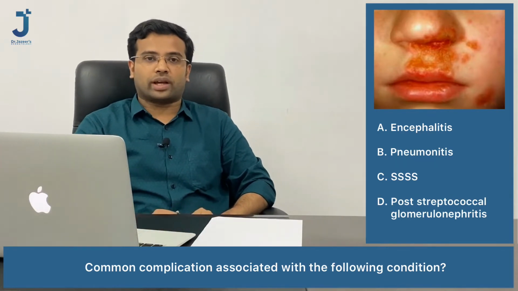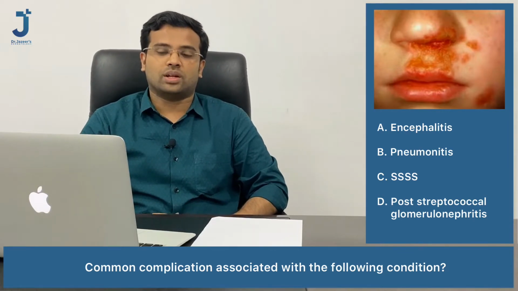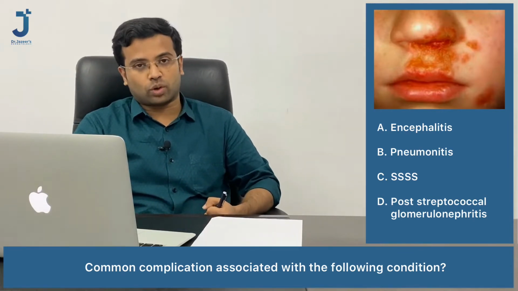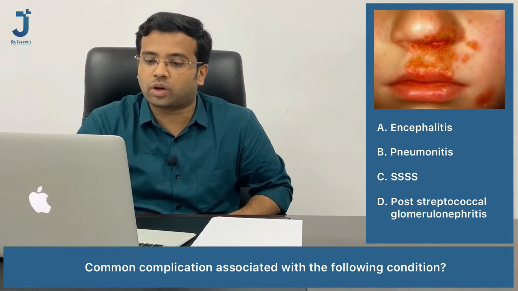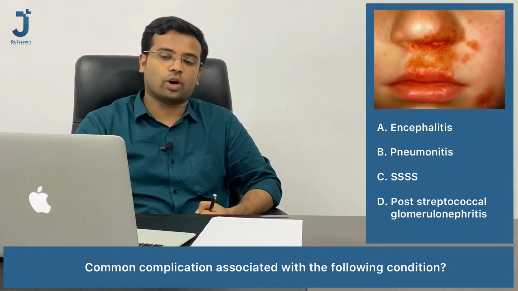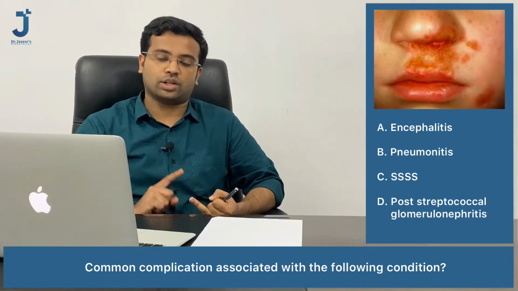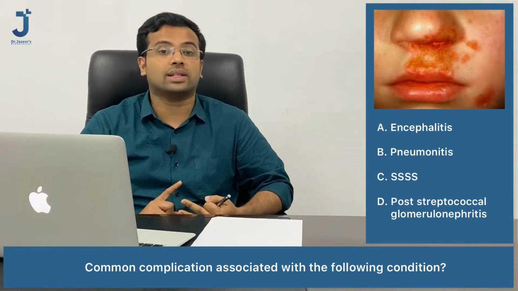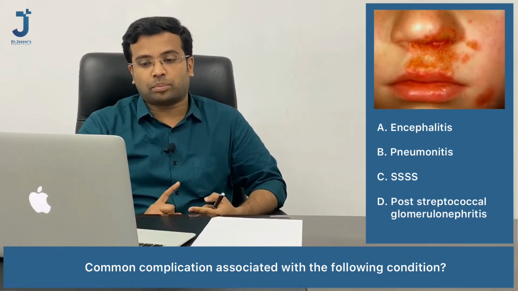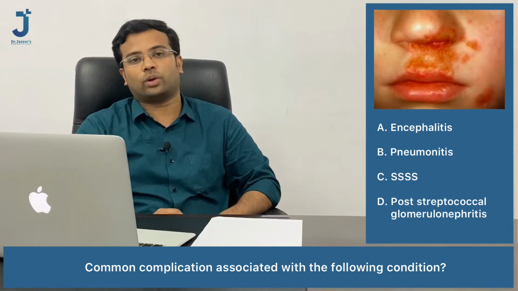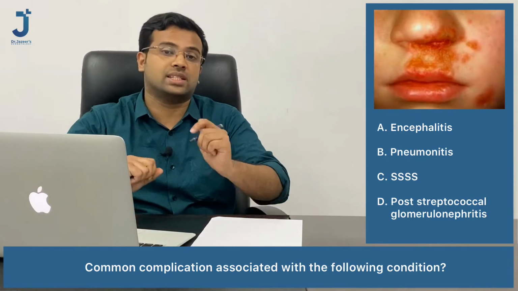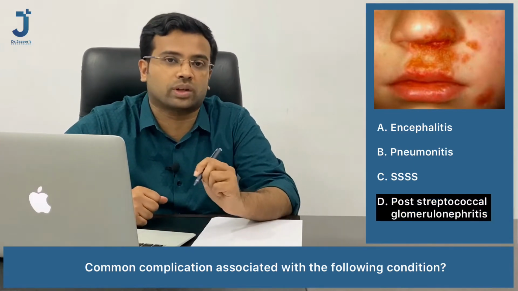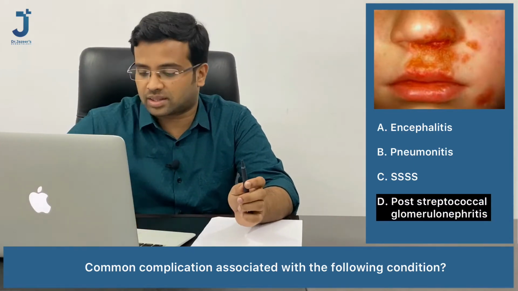The causative organism would be streptococcus. In the case of streptococcal impetigo contagiosa, the options for the common complication are encephalitis, pneumonitis, staphylococcal scalded skin syndrome and post-streptococcal glomerulonephritis. So the right answer would be PSGN, that is post-streptococcal glomerulonephritis.